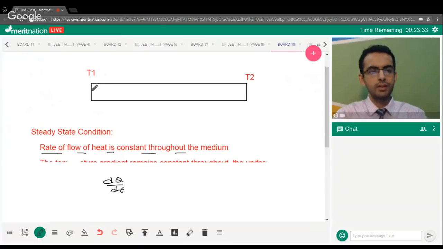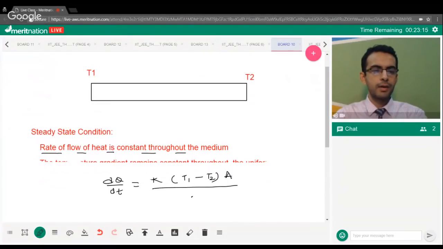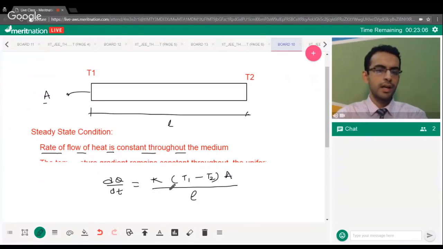And the formula for dq by dt is k times T1 minus T2 multiplied by area of cross section divided by length. If the length is small l and the area of cross section is a, then dq by dt is equal to k into T1 minus T2 into a by l. That's what dq by dt is.